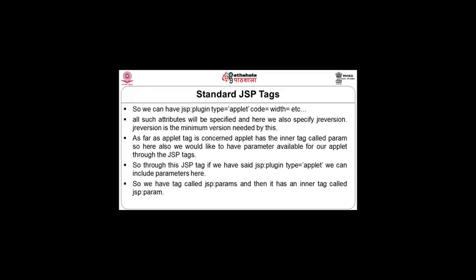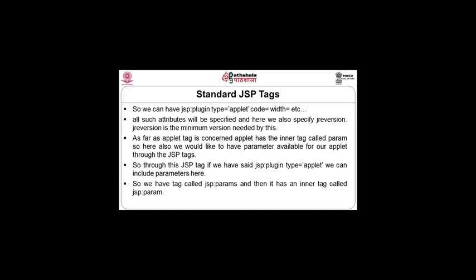As far as applet was concerned, applet had the inner tag called param. Here also we would like to have parameters being available for our applet through the JSP tags. So, if we have said JSP colon plugin and type equal to applet, we can include parameters here. We have a tag called JSP colon params, and then it has an inner tag called JSP colon param, fine.